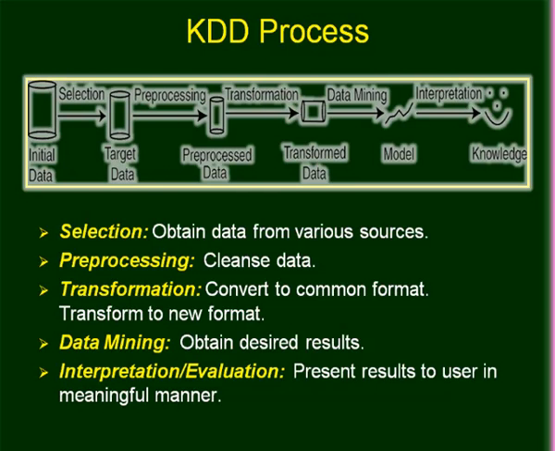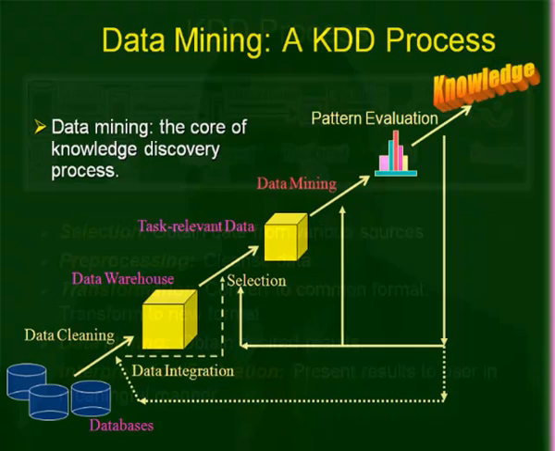When we complete the transformation stage, we get transformed data. On transformed data, we use data mining techniques for building models. Then the last stage is the interpretation and evaluation stage, where we present the results to the user in a meaningful manner. So that's ultimately your knowledge.